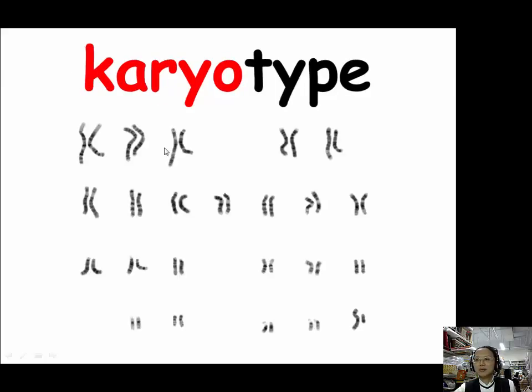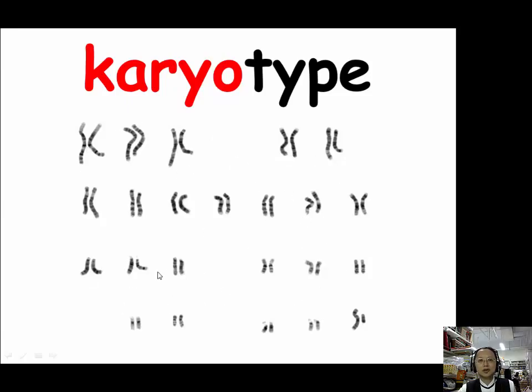And our example for K-A-R-Y-O is karyotype. What is a karyotype? As you can see in this picture, in genetics, karyotype refers to a record of the chromosomes of an individual or species, usually photographic.